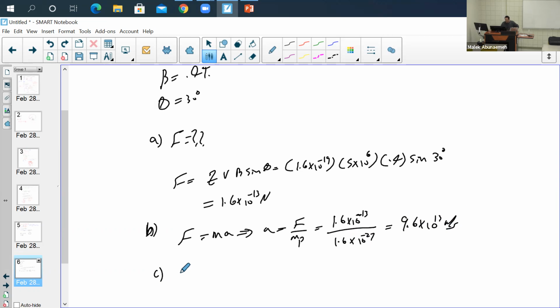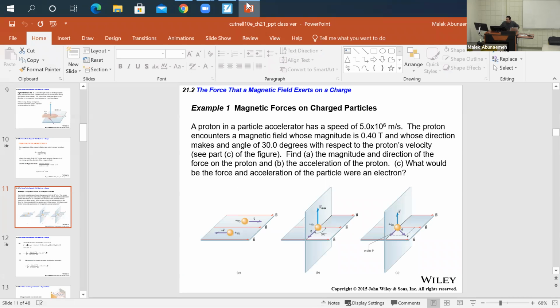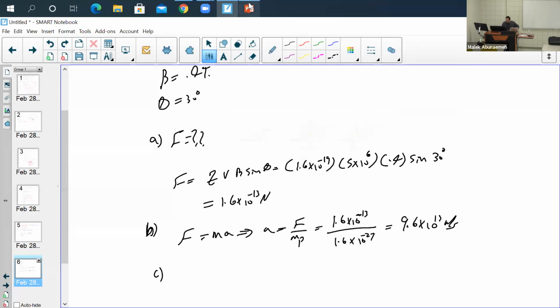For part C, now we need to find the acceleration of the particle for an electron. So same thing, your acceleration is going to be force divided by the mass, but this time you're talking about the mass of the electron.